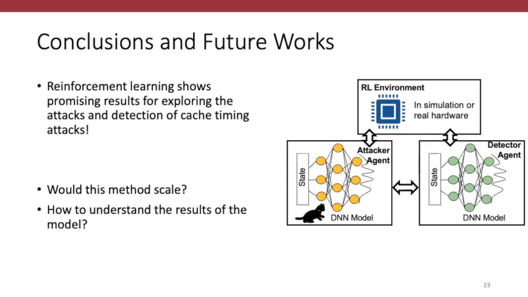And how can we understand the results of the model? The attacker agent will generate many attack sequences. How can we automate the process to analyze the sequences generated by the agent? And can we apply RL to other security problems or even other architecture problems?